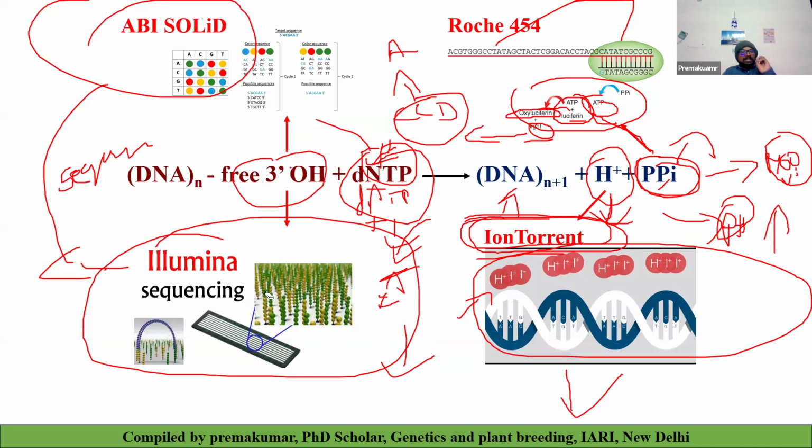Whenever they add, they will emit some color. Based on that color, we can detect which base is added into the nucleotide chain, that is, which nucleotide is present in the genome. It is called sequencing by synthesis.